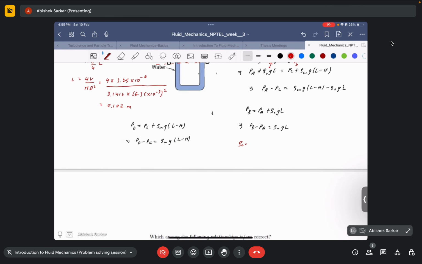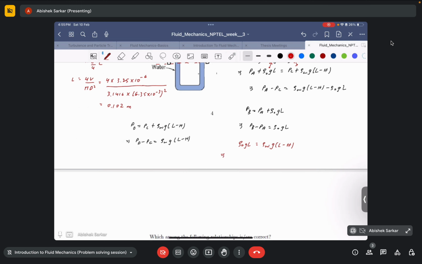Then it will basically give us rho oil g into L is equal to rho W g into L minus H. Now you understand why I asked you to find L. Yes, sir, since you know L now, the only unknown here is H. So we just need to rearrange the terms.